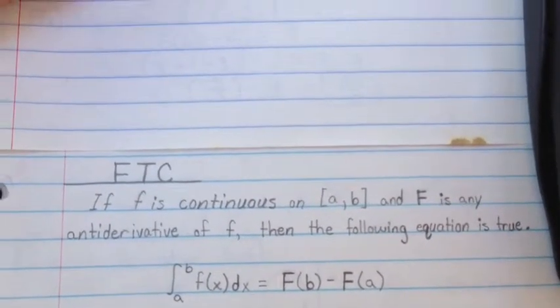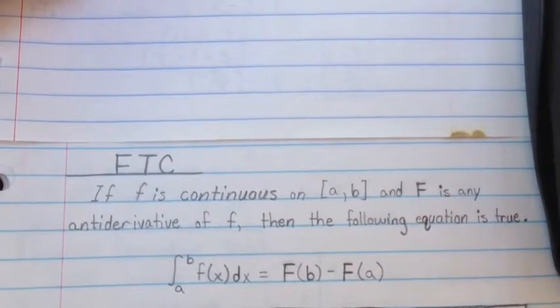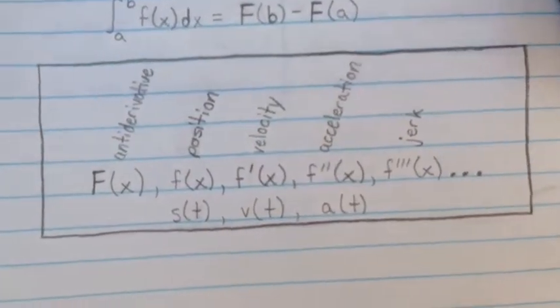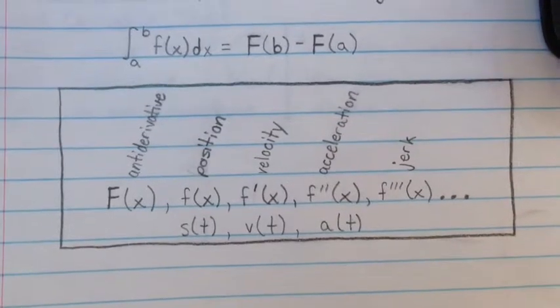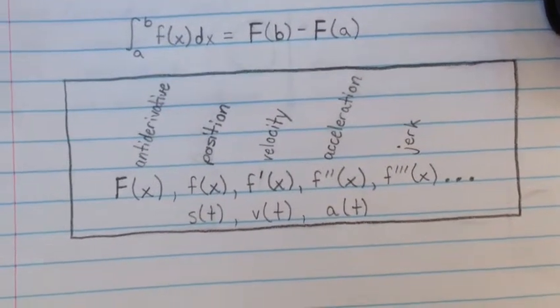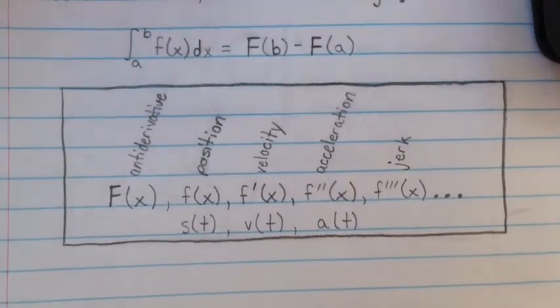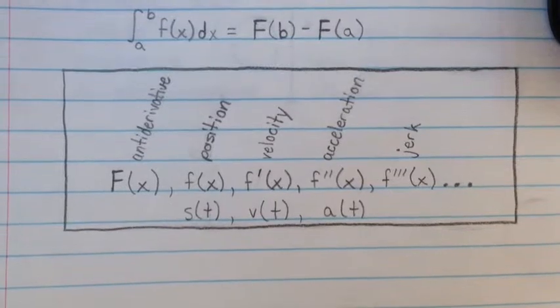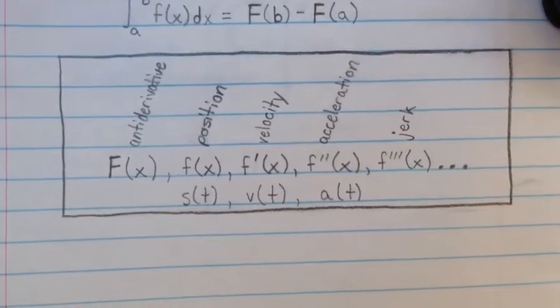Now, if you have trouble with remembering antiderivative, derivative, and stuff like that, I made a little chart here to give a generalized idea of it. So you have f of x right there, which is the position function that you're given. And then if you were to take the antiderivative of that, according to this theorem, it's capital F of x.